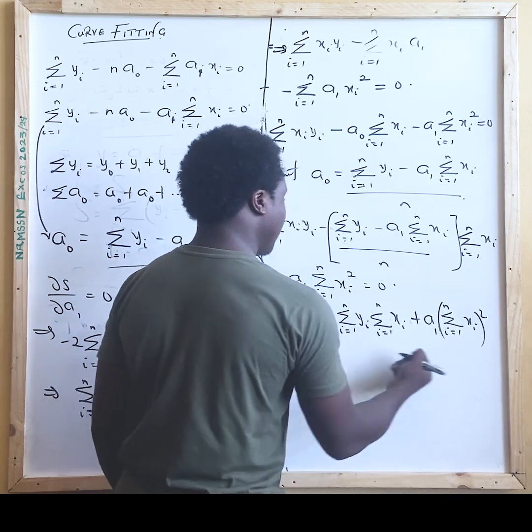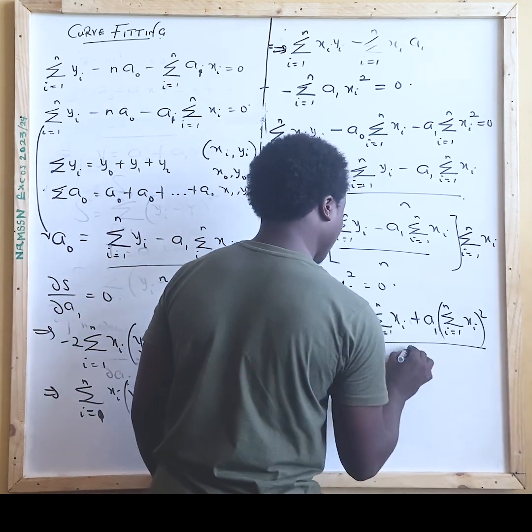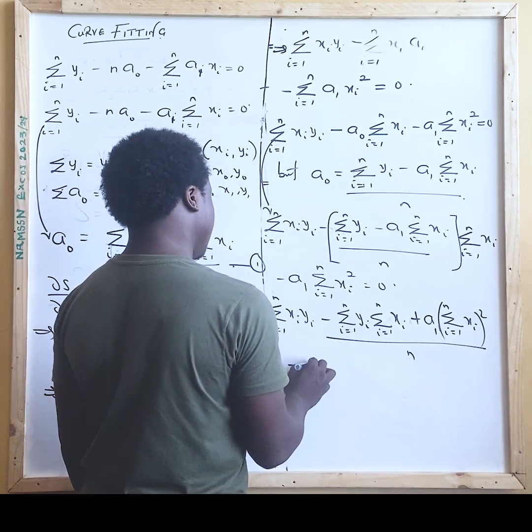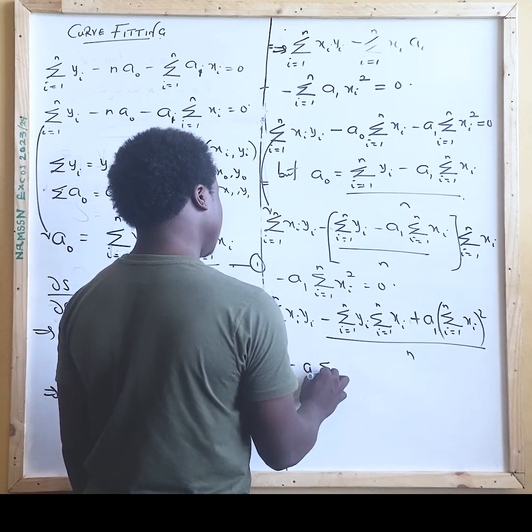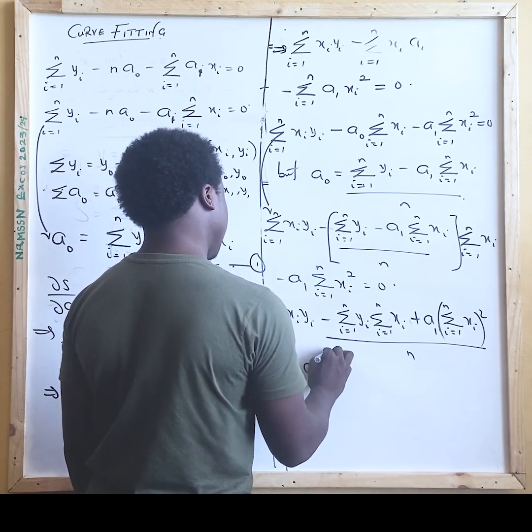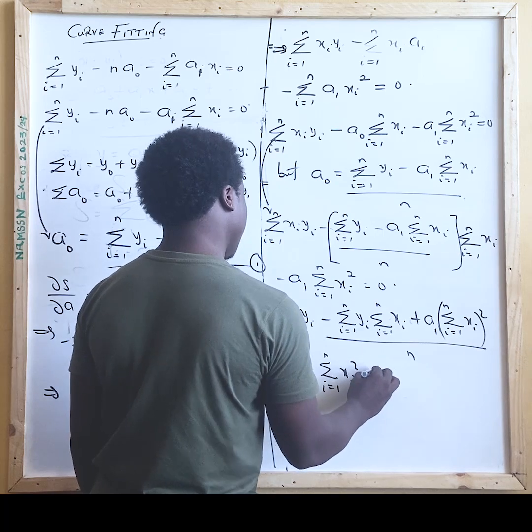All of this will be over n, minus a1 summation i from 1 to n xi squared, equal to 0.